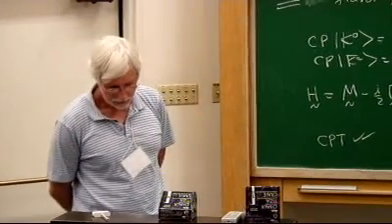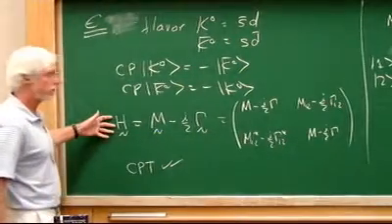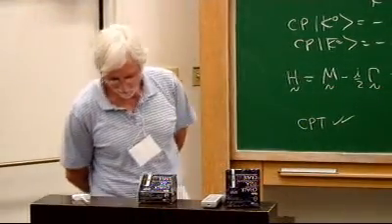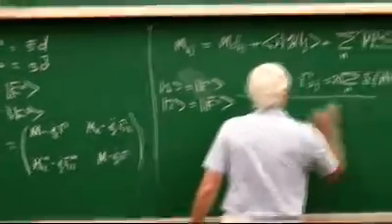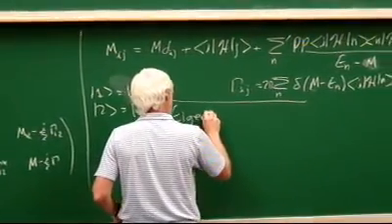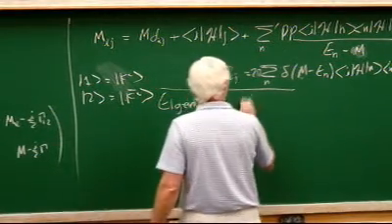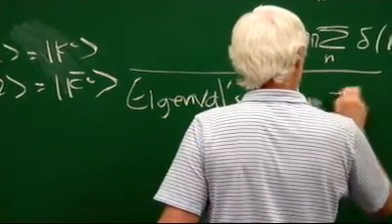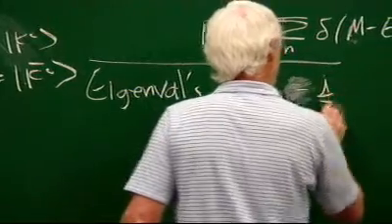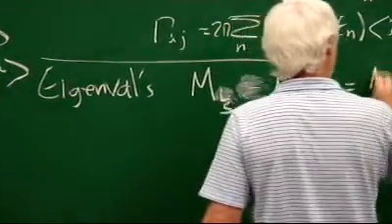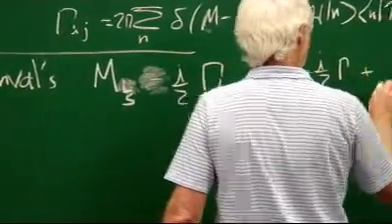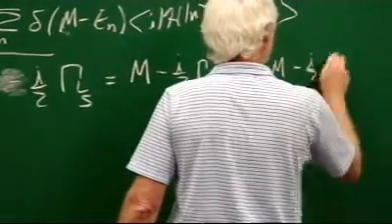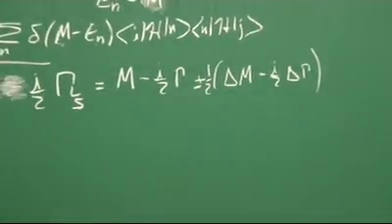So now let's actually find the eigenvalues and eigenvectors of this 2x2 system, and the eigenvalues we're going to call m minus i over 2 gamma, short, which is just m minus i over 2 gamma plus or minus i over 2 delta gamma, and this is a whole bunch of definitions.